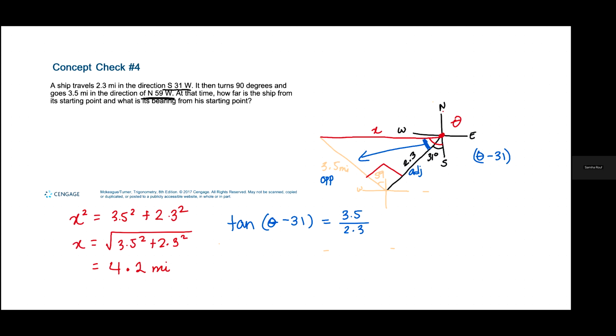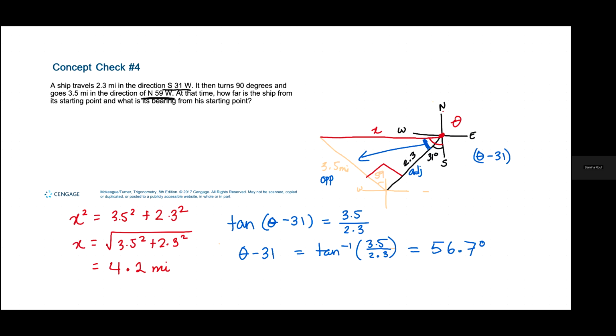So theta minus 31 is equal to tan inverse of 3.5 over 2.3. Which, let's see, what does that equal? Okay, so this gives us an angle of 56.7 degrees.